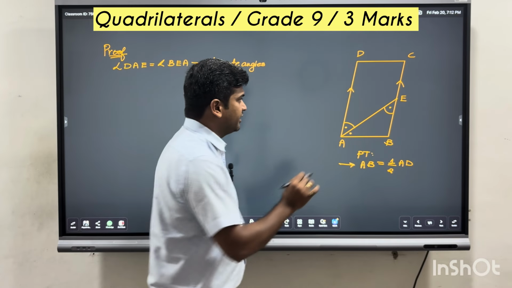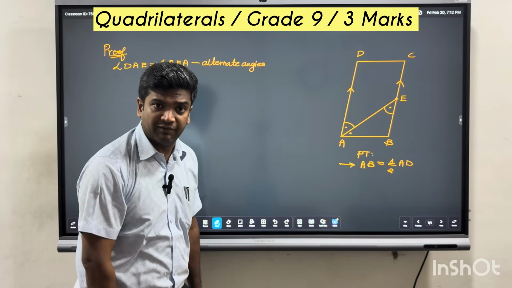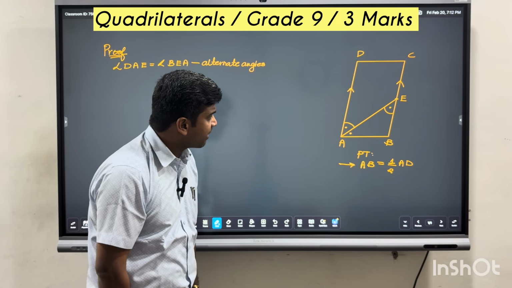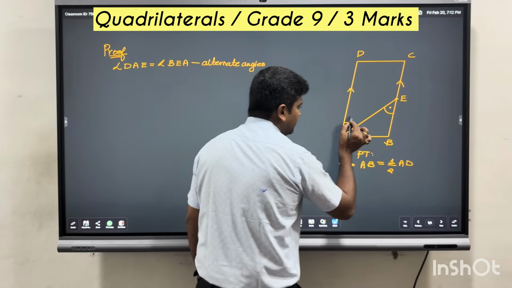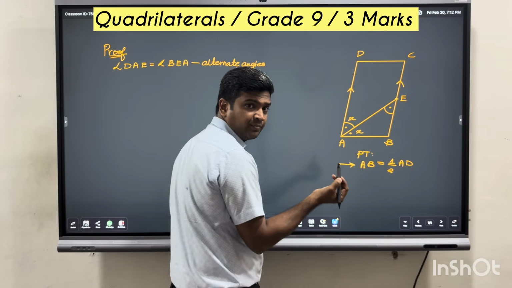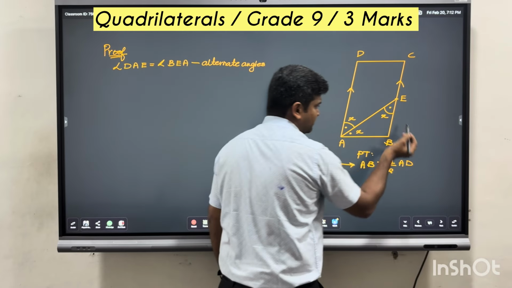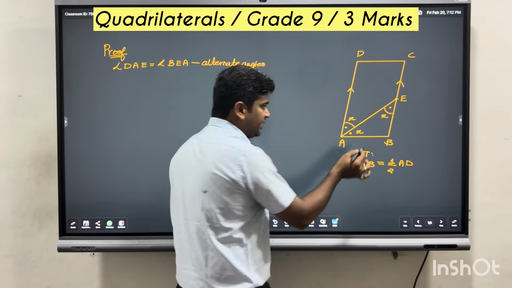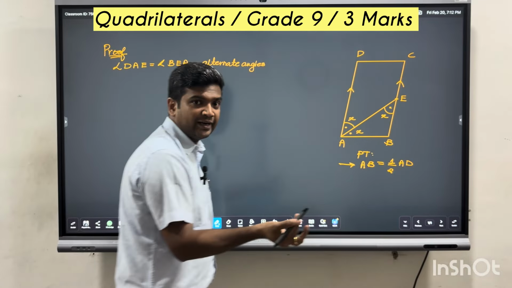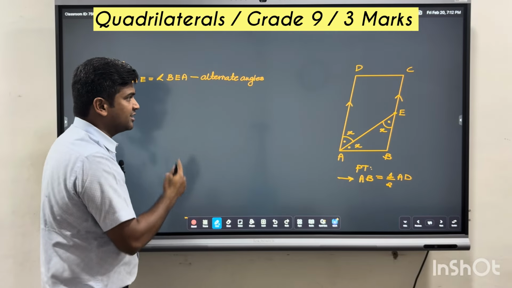One more thing. E is definitely the midpoint of BC, given to us. If this is X, then this also has to be X, and now if this is equal to this, this also becomes X. So ultimately, even these two angles are equal to each other. Let us keep this as the second step.